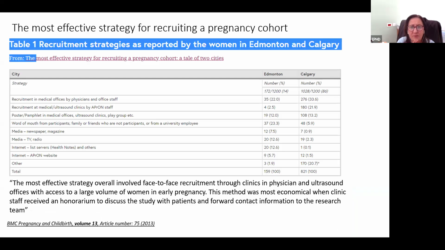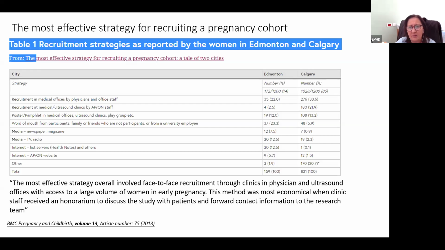This is again about recruitment strategies for recruiting a pregnancy cohort. These are women in Edmonton and Calgary in Canada, and the article is "The most effective strategy for recruiting a pregnancy cohort: a tale of two cities." If you look at Edmonton versus Calgary, they started with recruitment in medical offices by physicians and staff, collecting data on 1,200 women from each city.